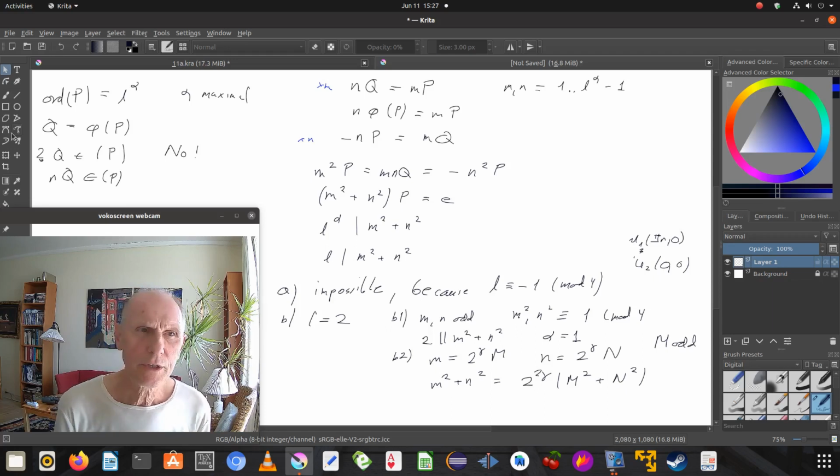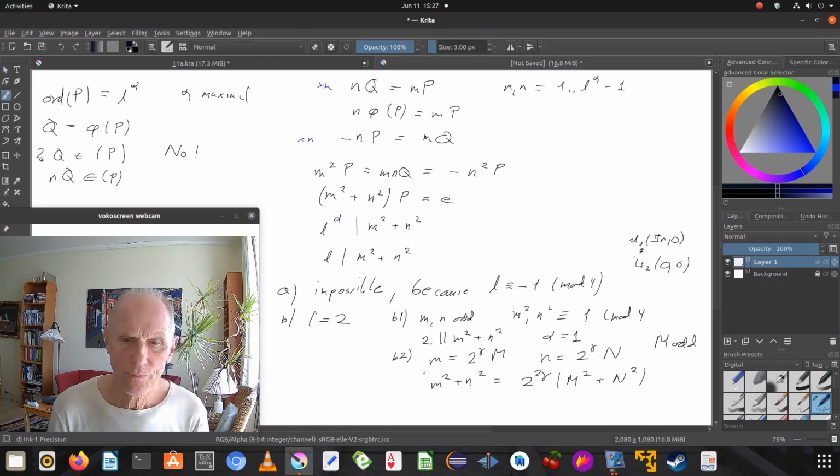So that means that the highest power dividing m squared plus n squared is 2 to 2 gamma or one higher.